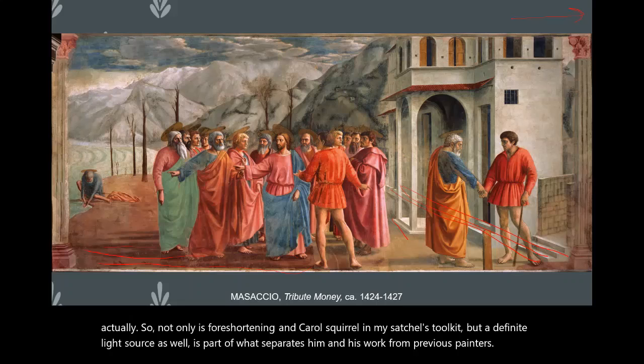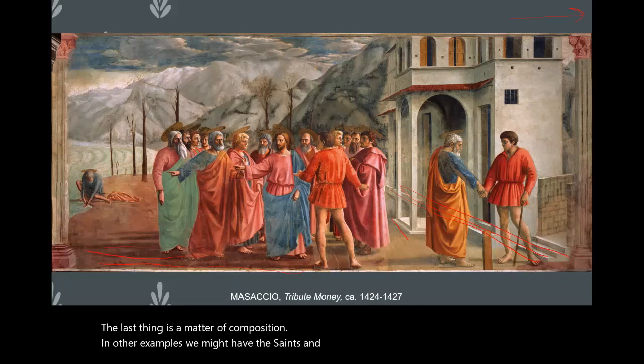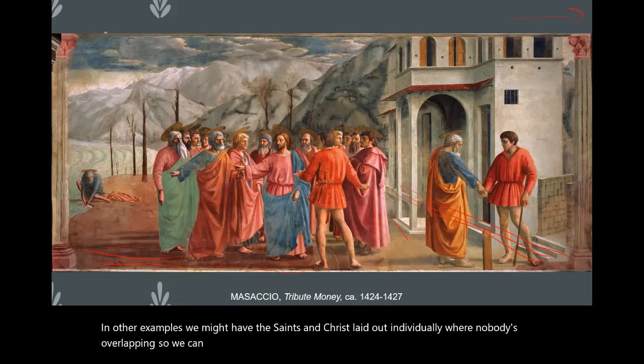The last thing is a matter of composition, where in other examples, we might have the saints and Christ laid out individually where nobody's overlapping, so we can all essentially read who they are much more clearly.